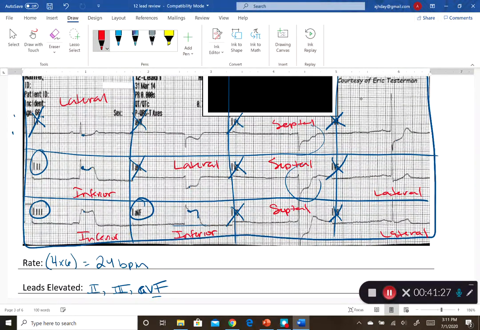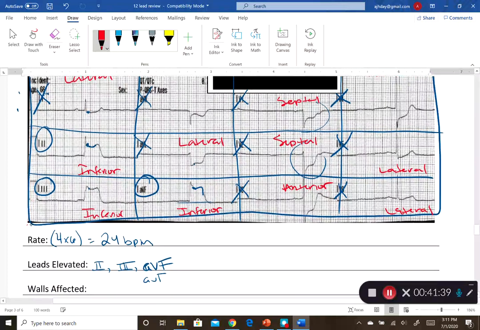And, oh, that wasn't septal. I just was on a roll there. That's going to be anterior. So my wall affected, got 2, 3, AVF, so it's going to be my inferior wall.